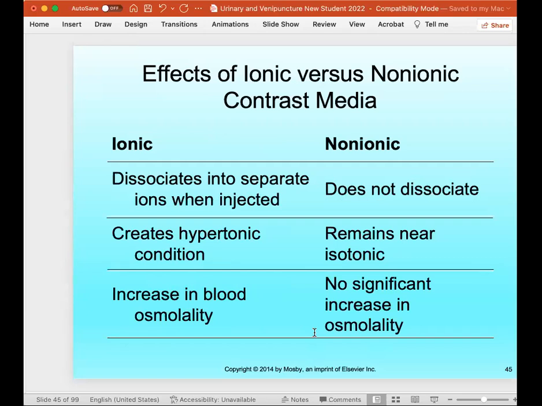Therefore, there's less potential chance of a reaction versus ionic. There's an increase in blood osmolality causing a larger reaction, or more possibility for there to be a reaction. So the miscibility is better with non-ionic versus ionic. It doesn't mix as well.